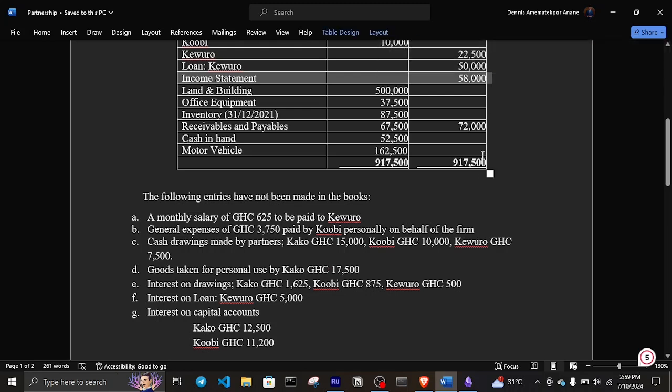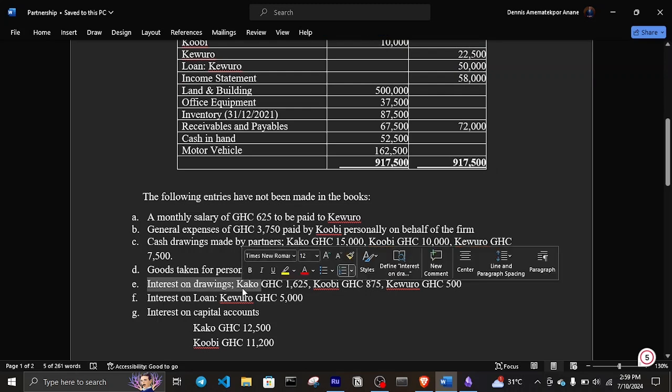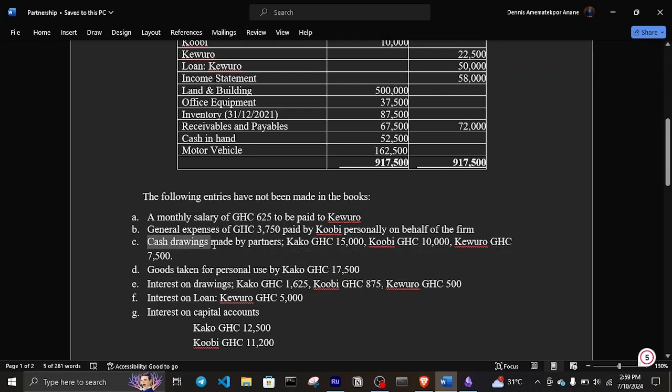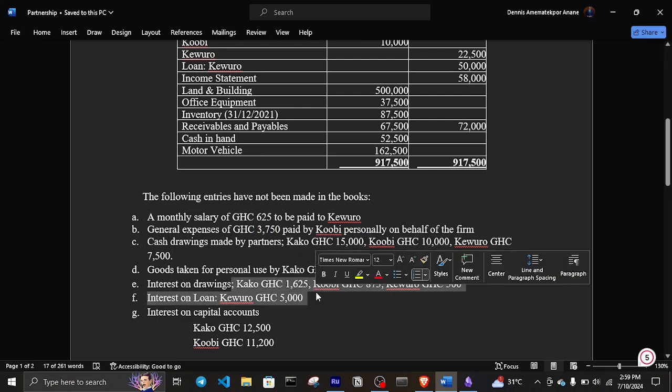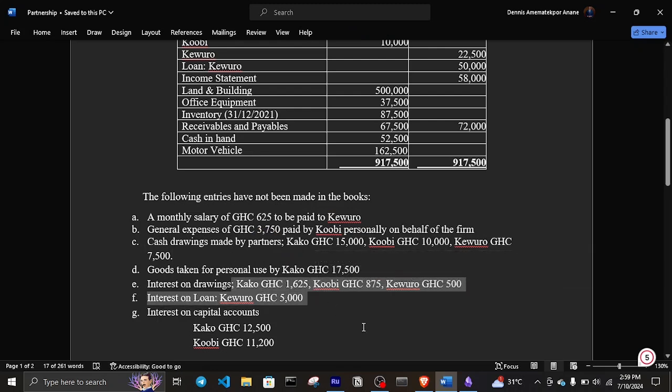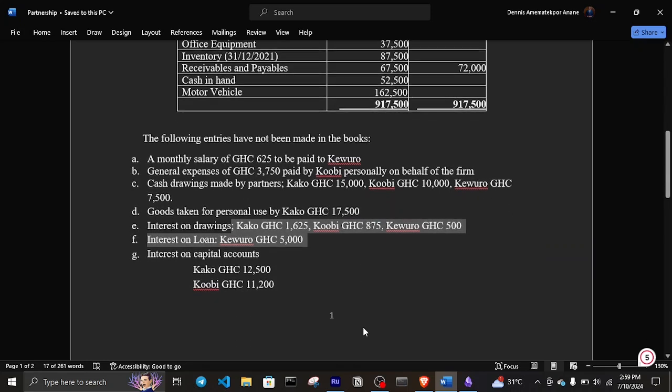We move to E, interest on drawings. Remember that the partners went back to withdraw money from the business after they contributed money to the business. So, to discourage the partners from always withdrawing money from the business, the business charges them an interest anytime they withdraw money.